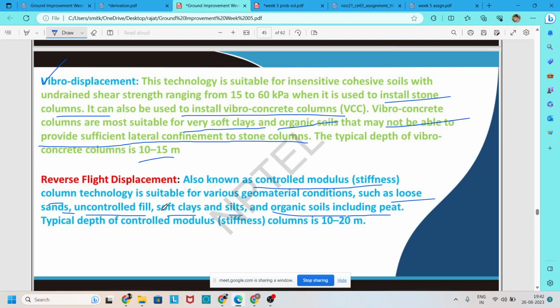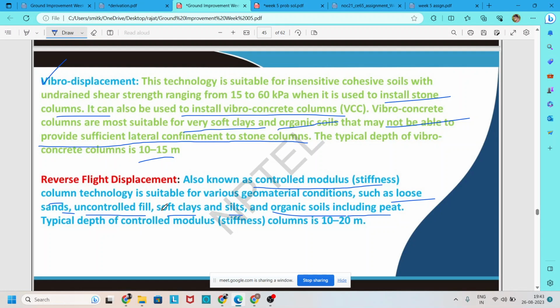because this type of ground has very low bearing capacity. It is not able to support some loads, and it is very dynamic in nature. Volume change is quite high. So for that we apply controlled modulus columns, installed by the reverse flight auger method.